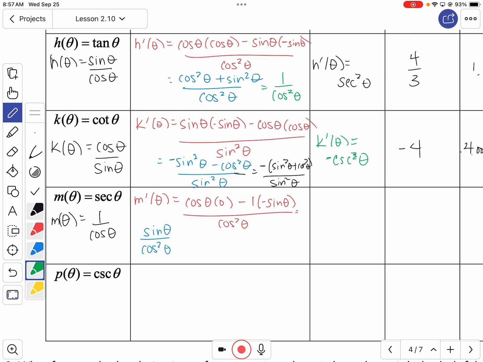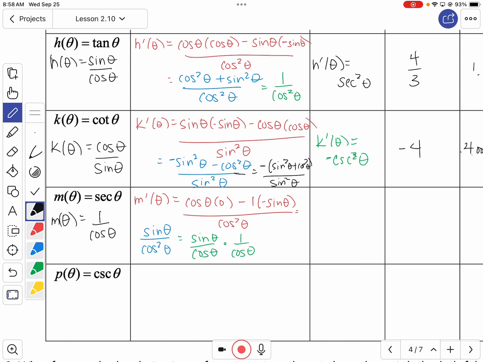Now, we're going to have to mess with this a little bit to see if we can simplify, because right now I'm not seeing anything that's really going to help me. But this is legal. In order to have a cosine squared, I had to have a sine theta over cosine theta and a 1 over cosine theta. That would get me all the things if I was multiplying. So sine theta over cosine theta is the same thing as what?